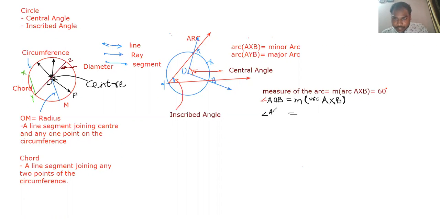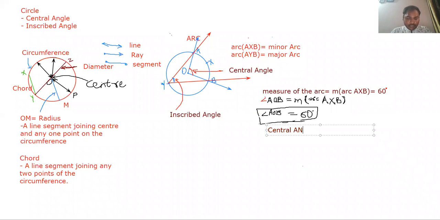I'm writing angle AOB, that is equal to how much? 60 degrees, because they have given the arc value as 60 degrees. So in this way we have one property: the central angle is equal to the corresponding arc.